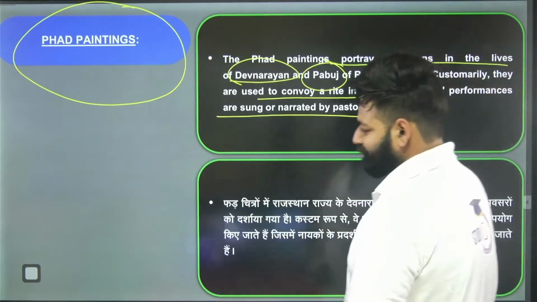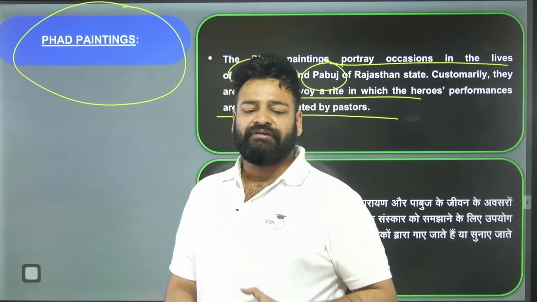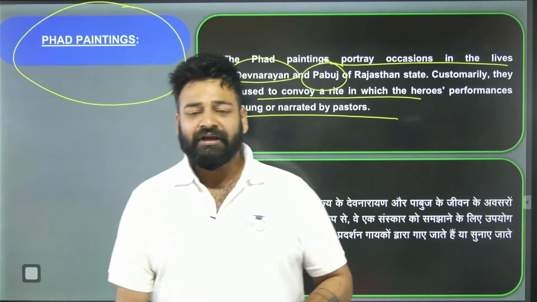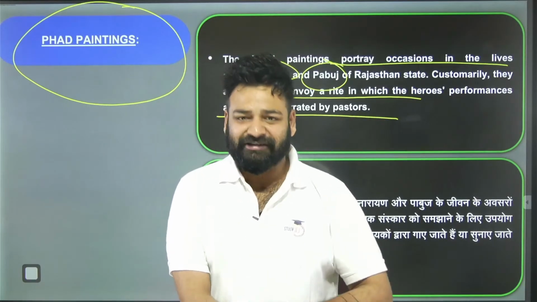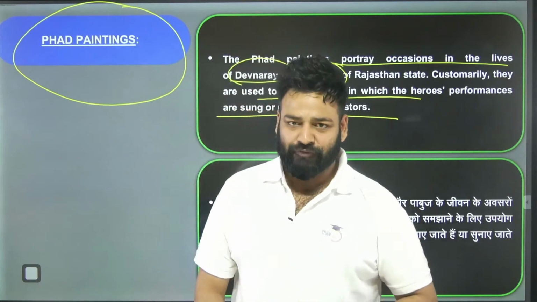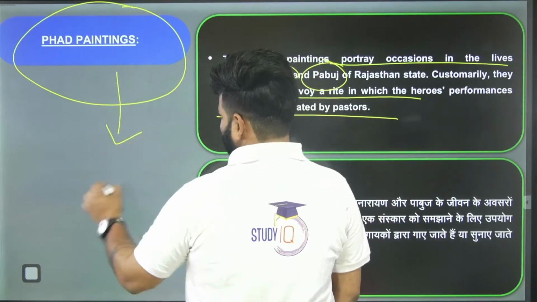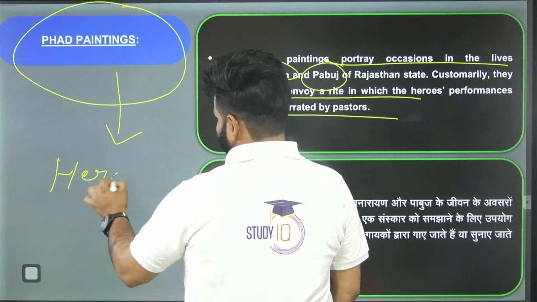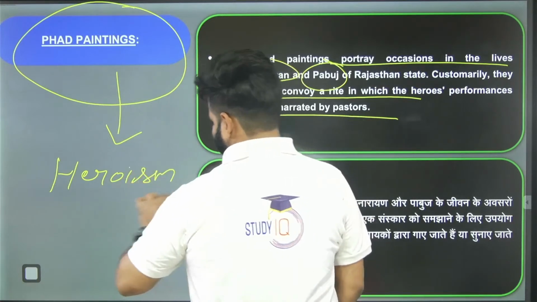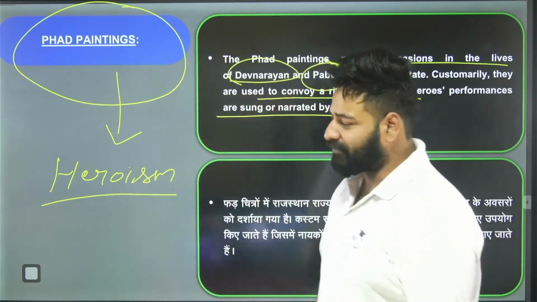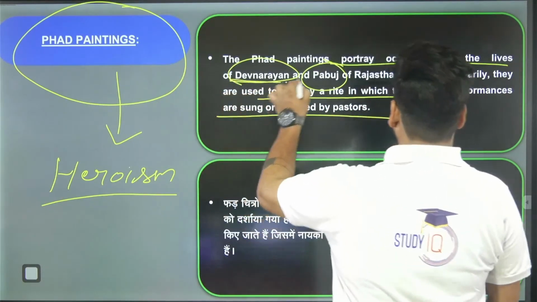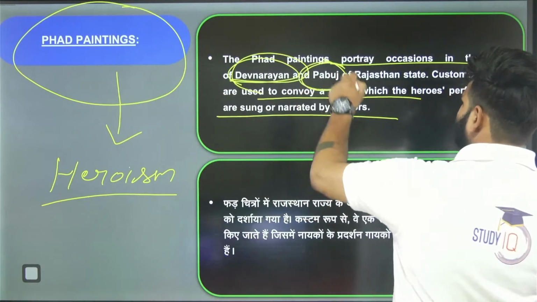by the priests. So simply, when we talk about the Fard school of painting, it used to represent what? The heroism. Simply, the major theme used to be the valor of two great rulers there. Who are they? Raja Dev Narayan and Pabuji.